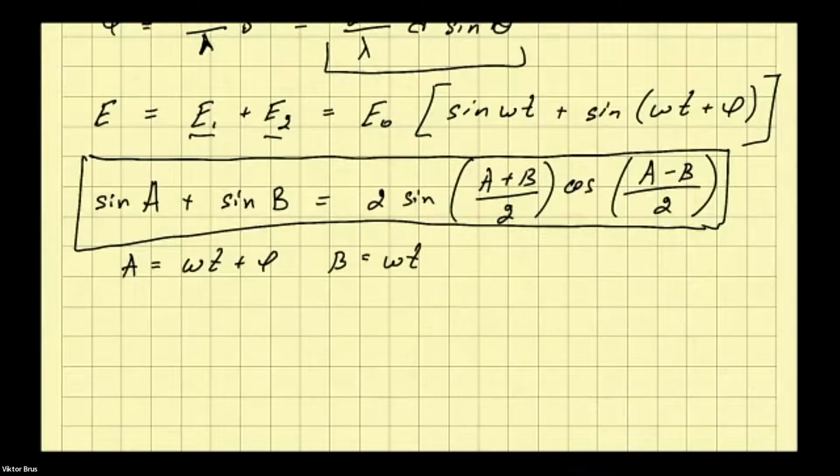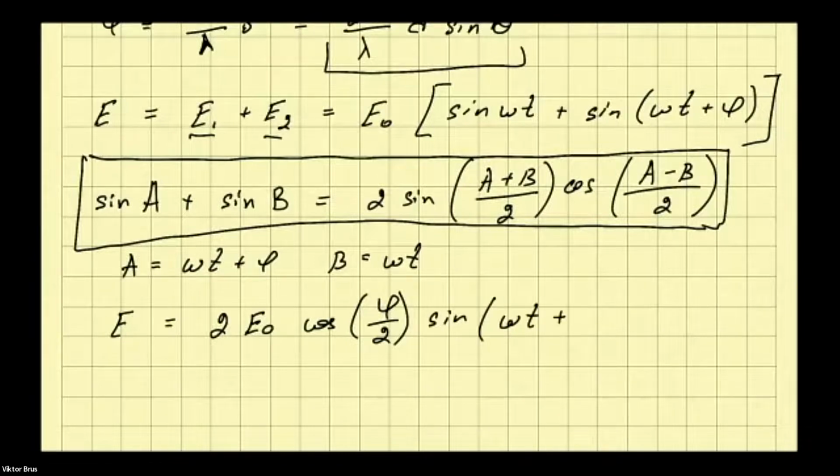So in this case, this resultant electric field can be expressed as 2 times E naught times cosinus phi divided by 2 times sinus omega t plus phi divided by 2.